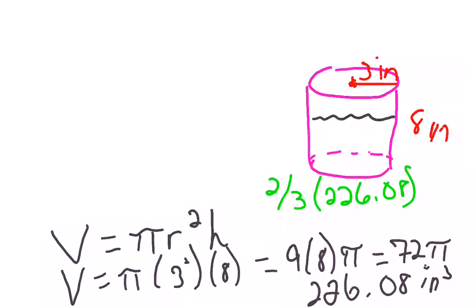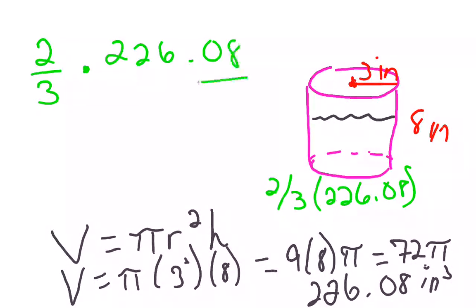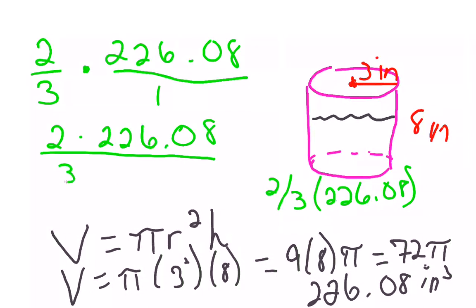So remember, fractions are written like this, and if I'm multiplying it by something, the other thing can be written like a fraction by putting it over 1. And the way that we multiply fractions is straight across. So we have 2 times 226.08. And on the bottom we have 3 times 1.